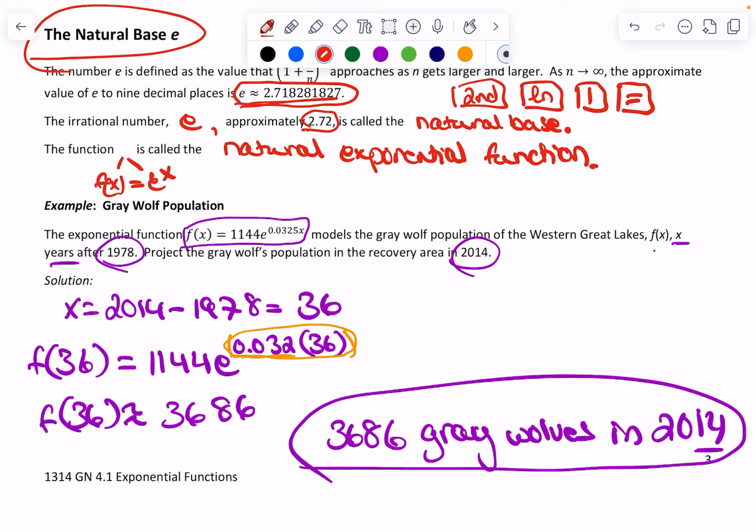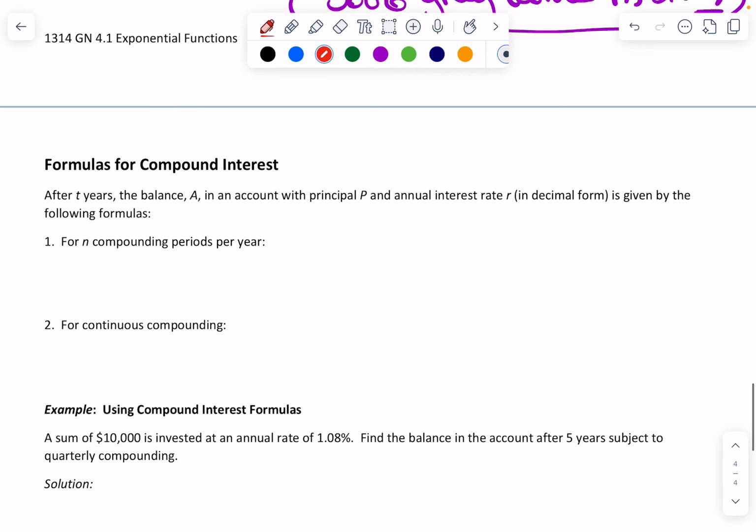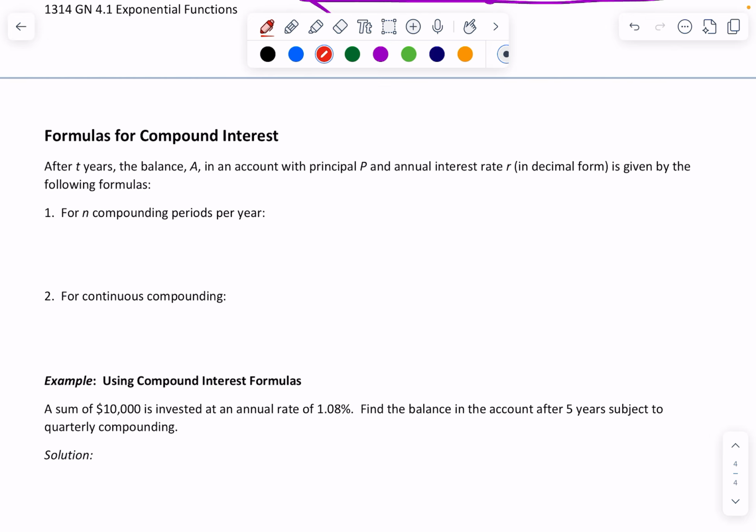Okay, next, where we use the natural base and overall exponential functions is compound interest.